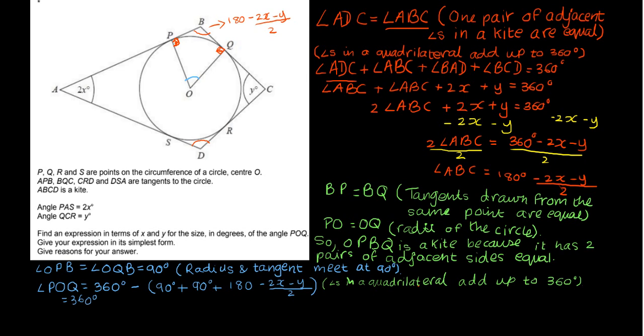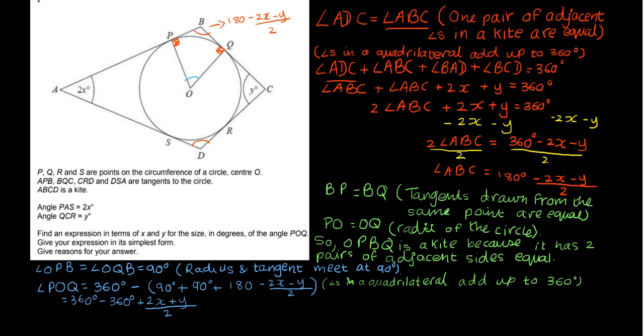So I'm going to open the bracket up, minus 360 degrees, and it'll become plus 2x plus y over 2, because of this minus, all the signs will change.